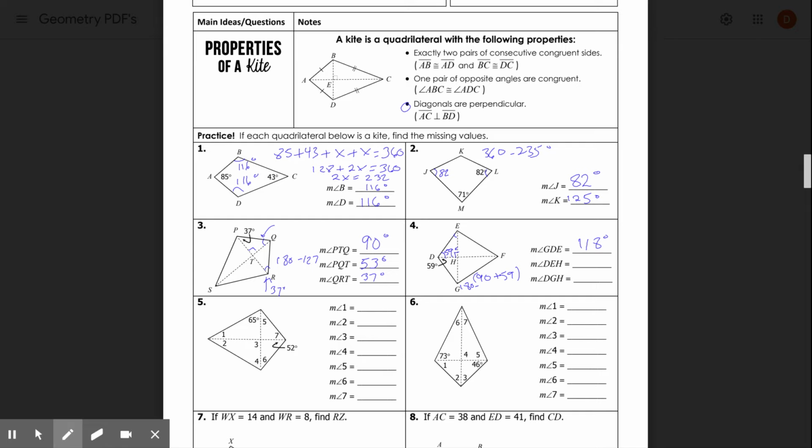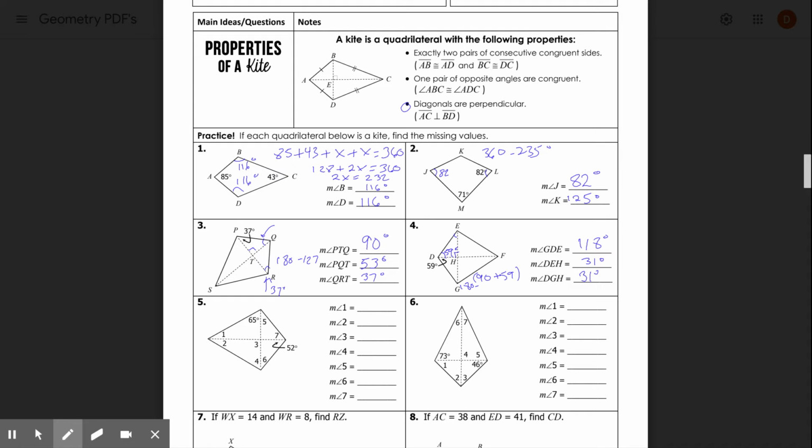So 180 minus 149 is 31. So this one's 31 degrees. So that was for DEH. And so now the measure of angle DGH is the same. It's also 31 degrees.